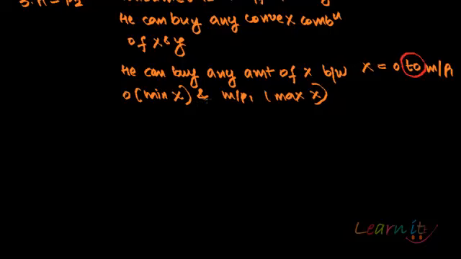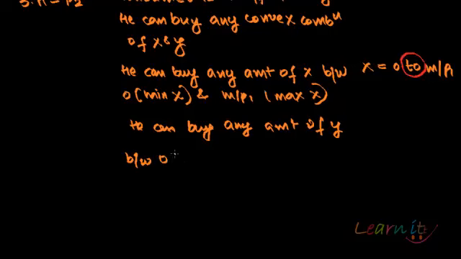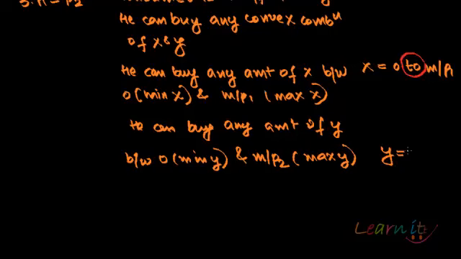In that case, he is not buying anything of Y, so that is M by P1 of X. Now, he can also buy any amount of Y between 0, which is the minimum Y, and M by P2 of Y, which is the maximum Y. So what is the demand function for Y? 0 to M by P2. Remember this too, because you can buy anything between 0 to M by P2.